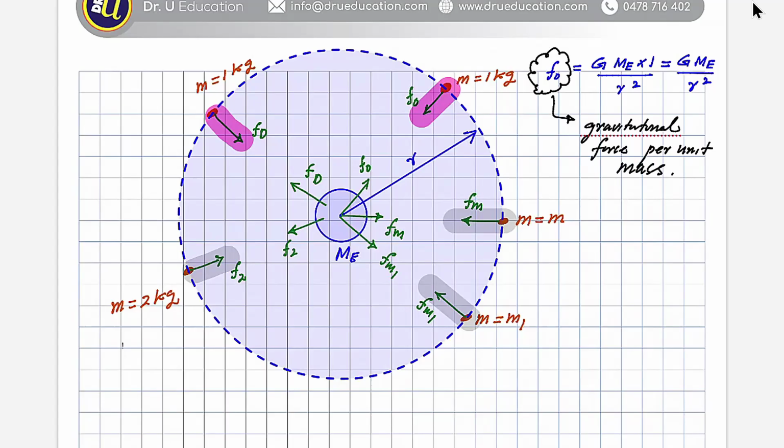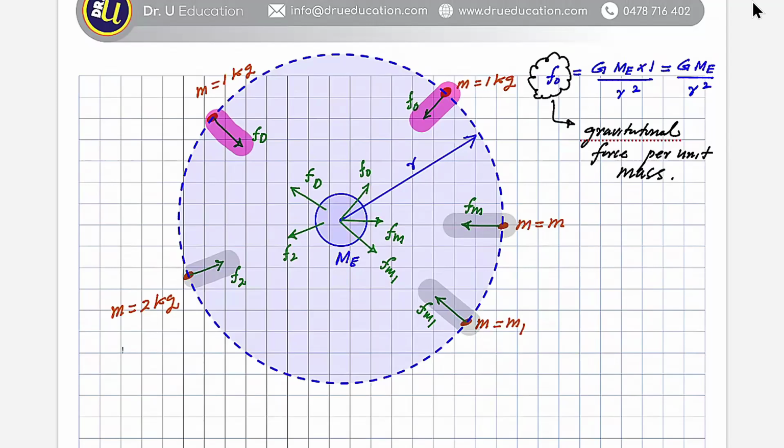Do you agree? Why unit mass? Because you can see m is equal to 1 kilogram is used. Correct? So we will give a name to this one. Simple g. We will say simple g is the gravitational force per unit mass.